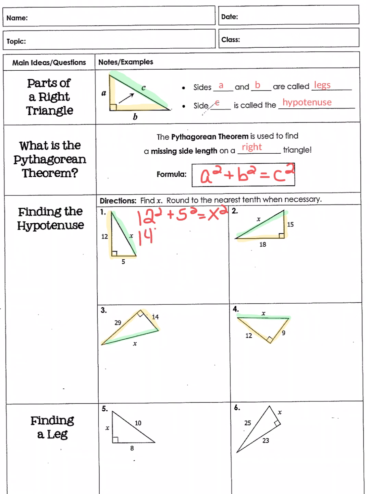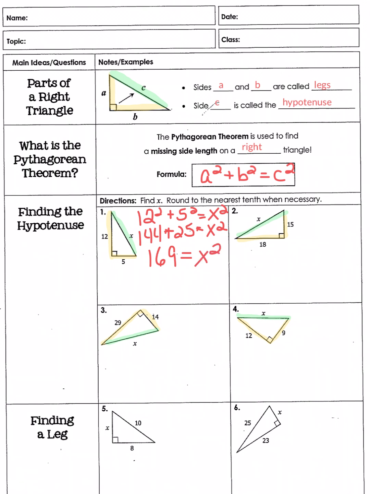You can do it all at one time, but sometimes I like to write it down. So I know that 12 squared is 144, 5 squared is 25, and it equals x squared. Now I know that 144 plus 25 is 169 equals x squared.